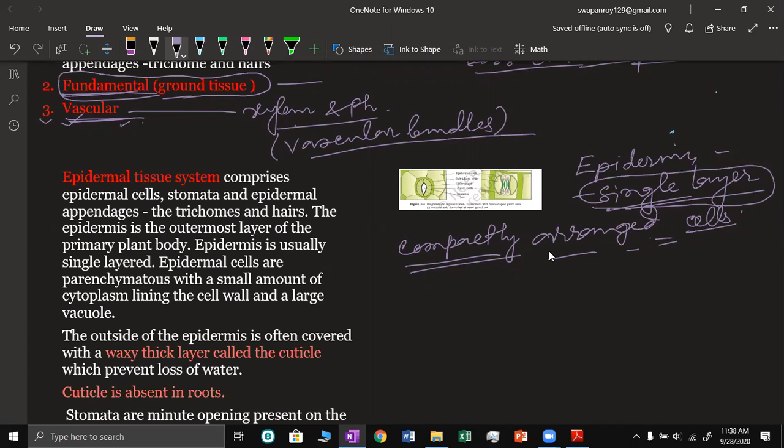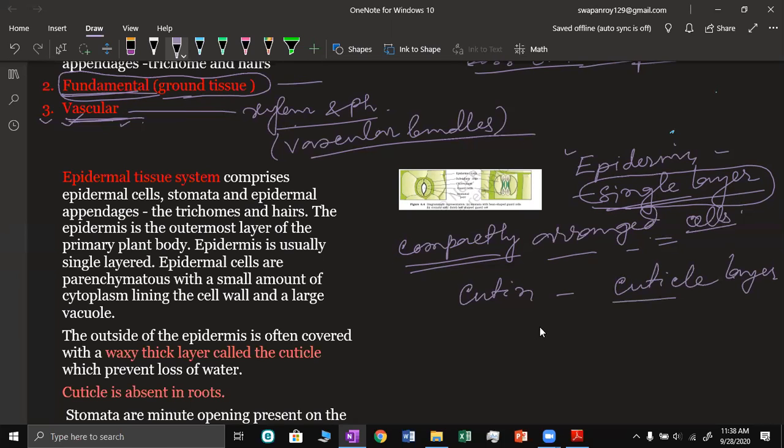One thing is important here. On the outer side of the epidermis, there is a layer of cutin that is known as the cuticle layer.